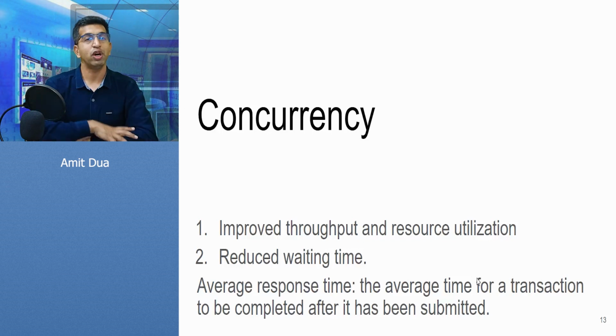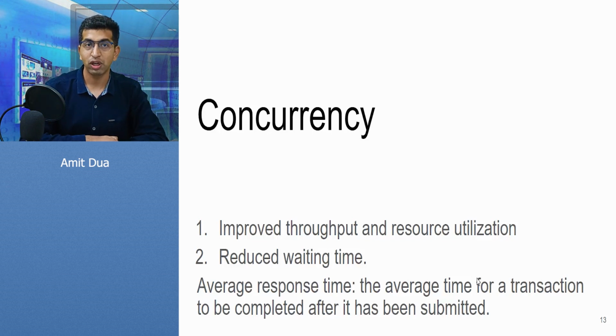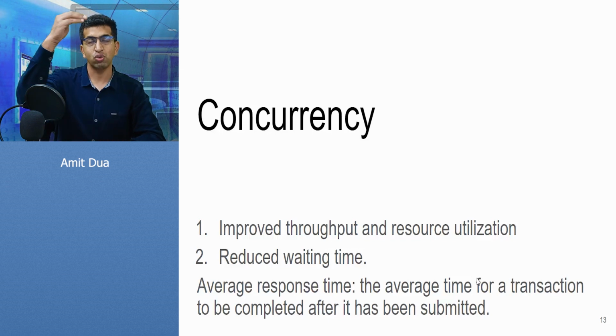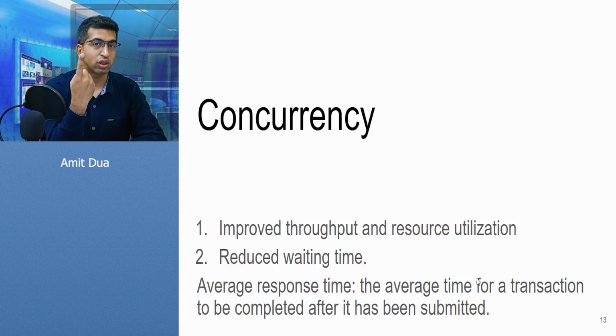This is my question. Why do we need concurrency at all? If we are not bothered about concurrency, many things are still okay, because if only one transaction is working at a time, all the ACID properties are anyways followed, as long as we roll back in case of failure. Why on earth are we bothered about concurrency?